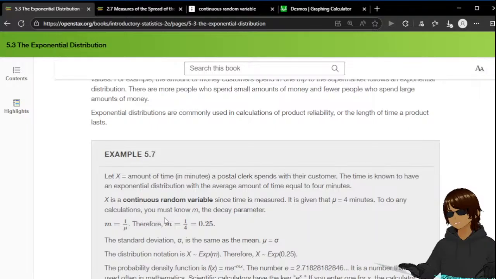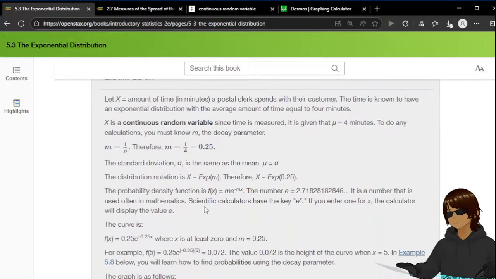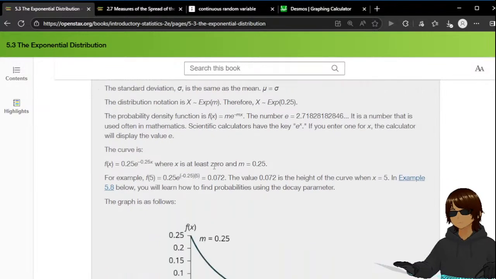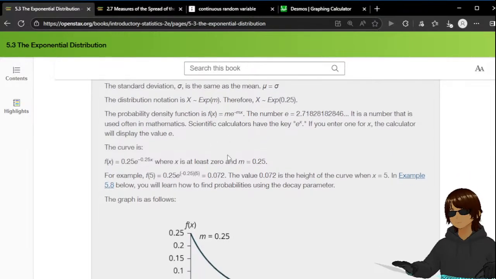To do any calculation, you must know m, the decay parameter. m is equal to 1 over mu. Therefore, m is equal to 1 over 4, which is 0.25. The standard deviation is the same as the mu. The probability density function is m e to the power of minus m x.